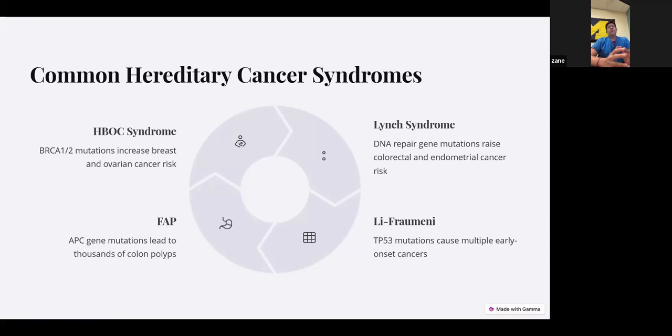And then the last, which you may not have heard of, is called Li-Fraumeni syndrome. That affects what's called the P53 mutation. So the P53 mutation, just for some biology, is a tumor suppressor gene. It's actually a good gene that we all have. But when that gene is mutated, it cannot suppress the development of bad cells.